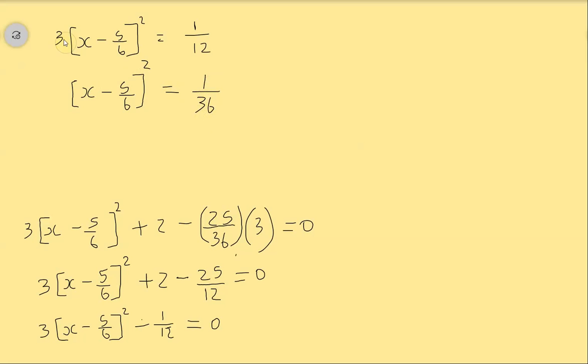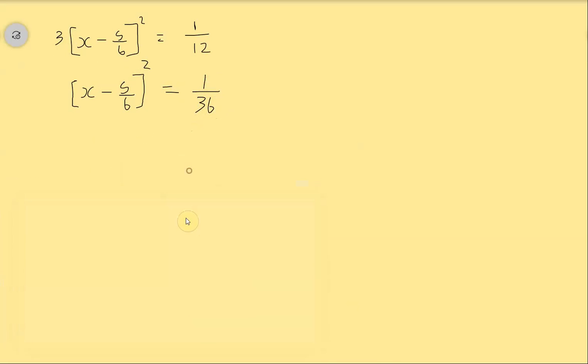Divide both sides by 3, then what you would have in the denominator is 12 times 3. Now continuing, let me erase the rest of this. Now we have to square both sides because we're solving for x.